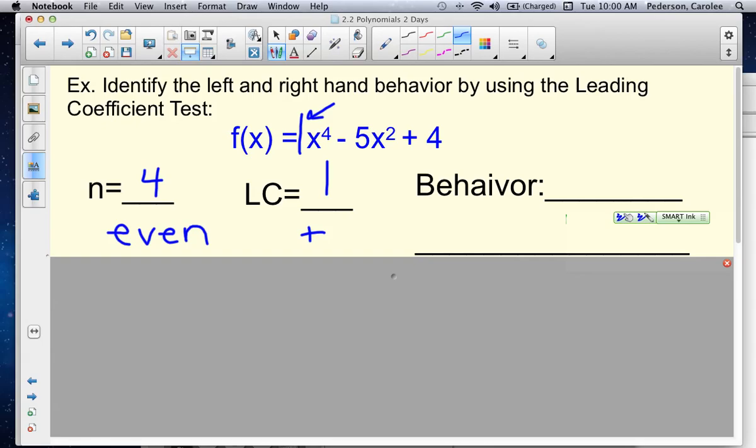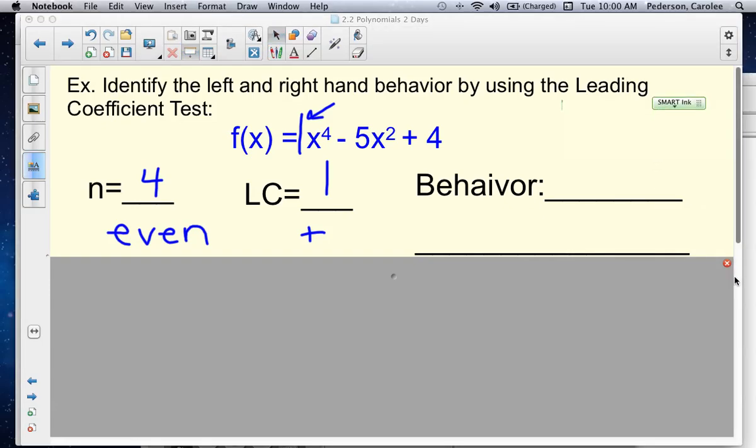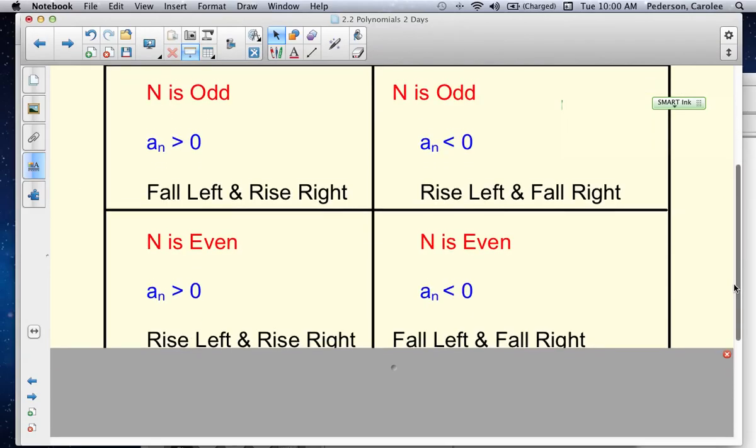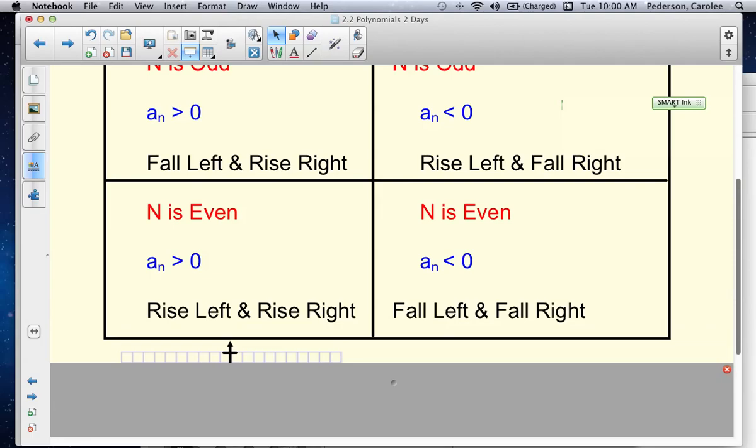All right, who'd like to share? Skylar. Rise left, rise right. Awesome. So let's take a moment and graph it. So the degree was even, the leading coefficient was positive, so rising on the left, rising on the right.